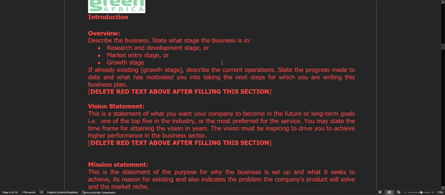Is the business at the research and development stage, that's the ideation stage, market entry stage, you've done your pilot and you want to enter the market, growth stage, maybe you're from beginning 2 to 3 years in business and you are actually looking for grants to scale. You must actually state it in your overview.